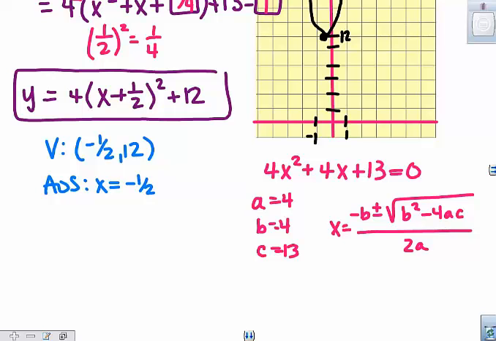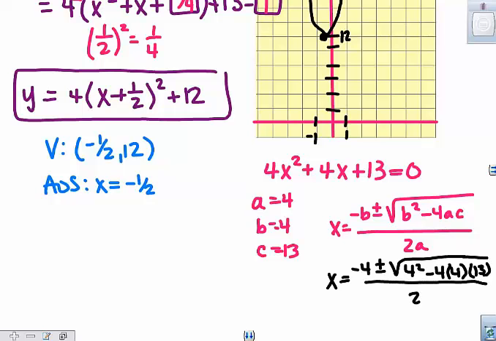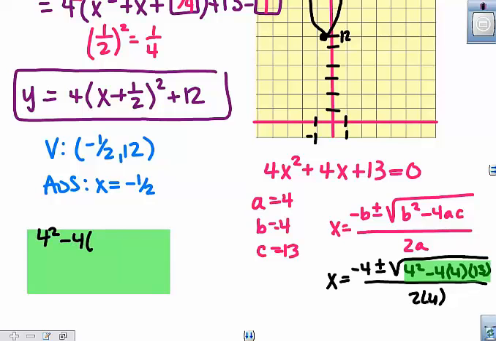So we're plugging these values in. Negative 4 plus or minus 4 squared minus 4 times 4 times 13 all over 2 times 4. We're going to simplify underneath first. 4 squared minus 4 times 4 times 13.